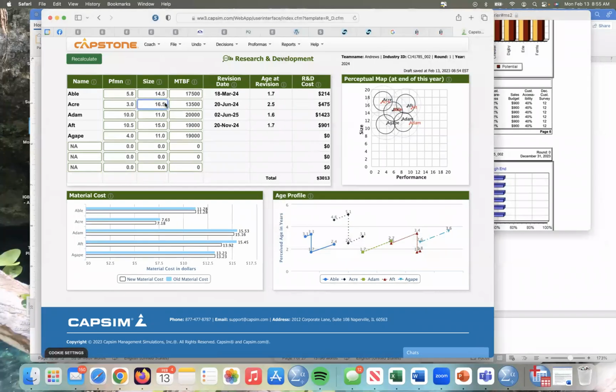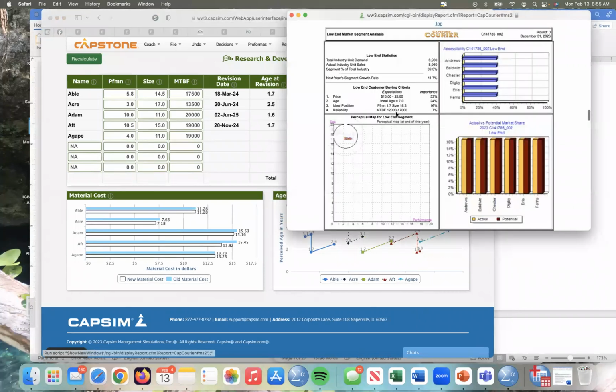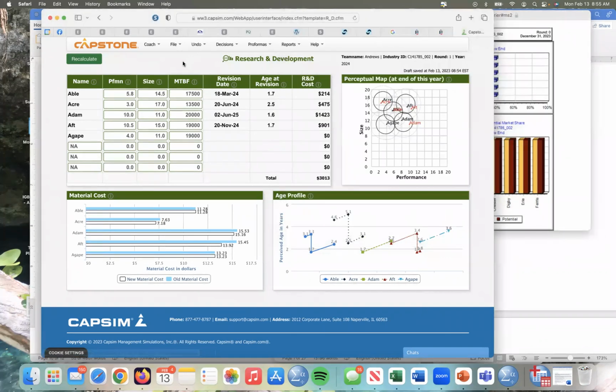So let's go back to 17 on the size. And I did reduce the MTBF a bit. And the reason why I reduced it is if you look at the low end segment, the MTBF can be as low as 12,000. So that's one area where we can cut costs and then pass those cost savings to the customer. So let's take a look at that.